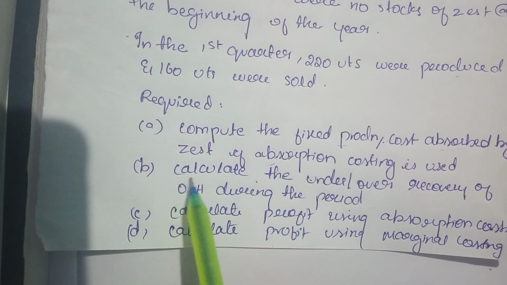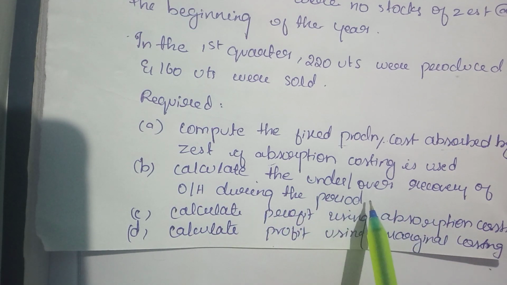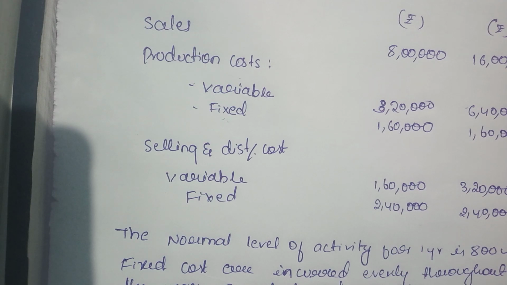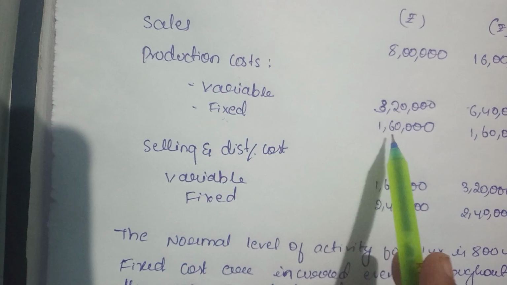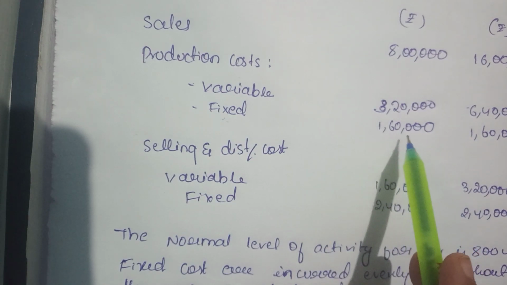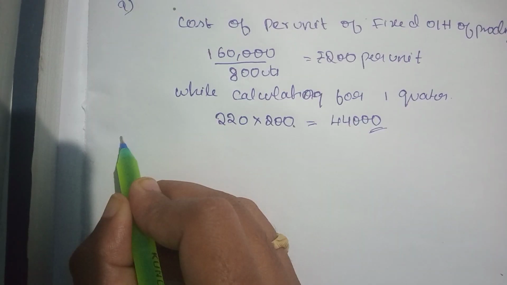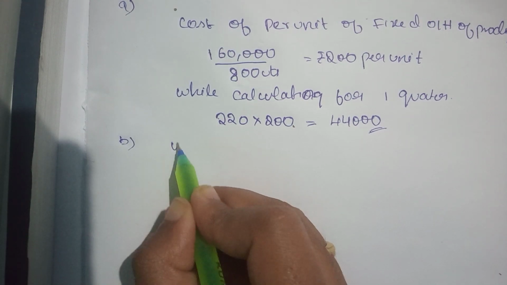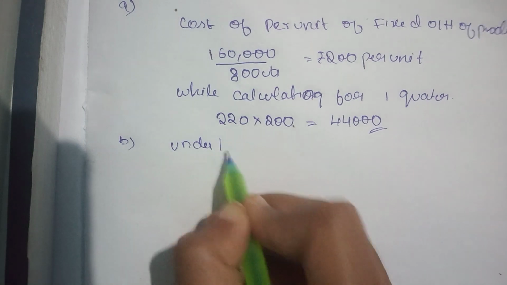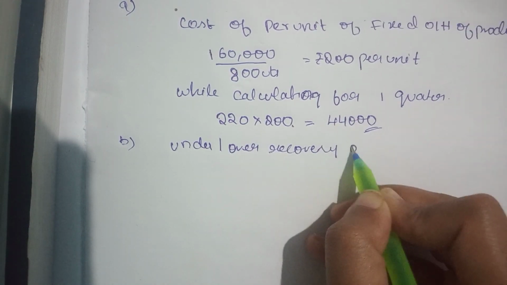Now question B. Calculate the under or over recovery of overhead during the period. Now they have given the production cost, and that fixed overhead is 1,60,000. This is for 1 year. So we have to find out that for 1 quarter. Under or over recovery of overheads.